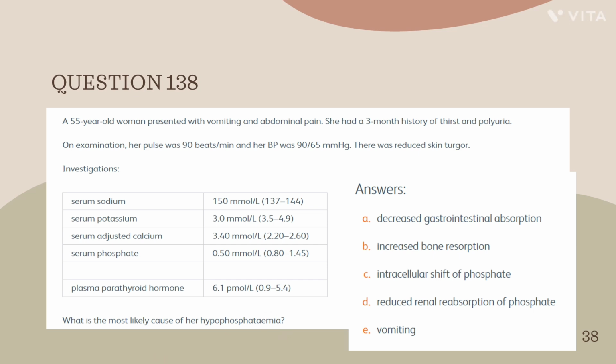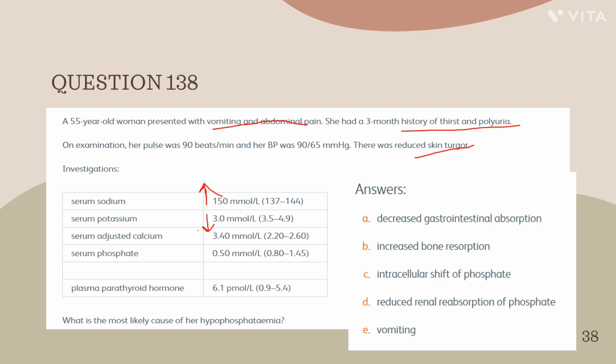So she is having vomiting, abdominal pain, a 3-month history of thirst and polyuria. And BP is low, pulse is 90, there is reduced skin turgor. So she is dehydrated due to vomiting. Okay, sodium is high, can be due to dehydration. Potassium is low due to vomiting.